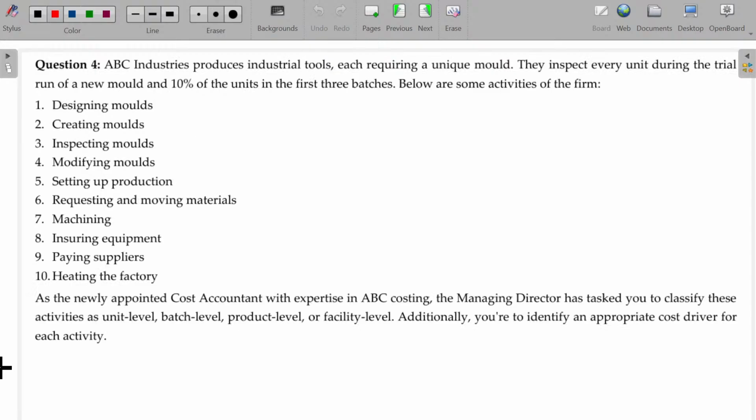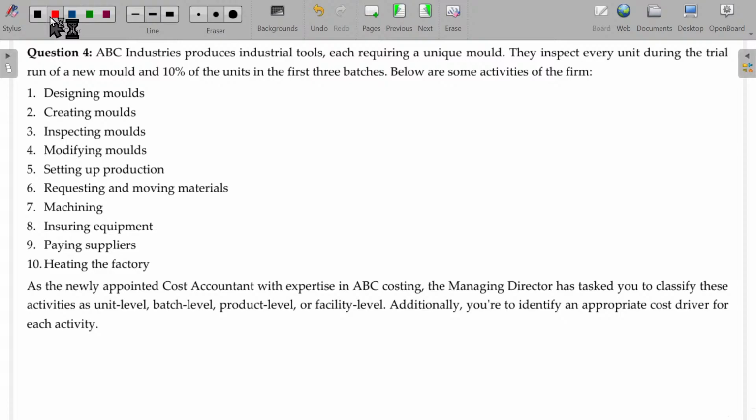And the fourth one. ABC Industries produces industrial tools, each requiring a unique mold.